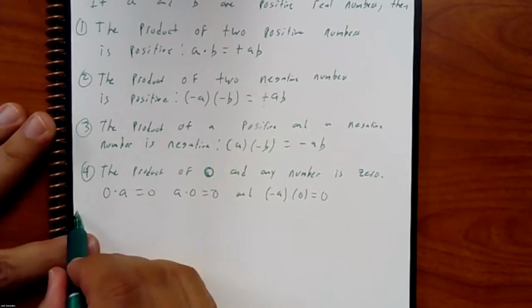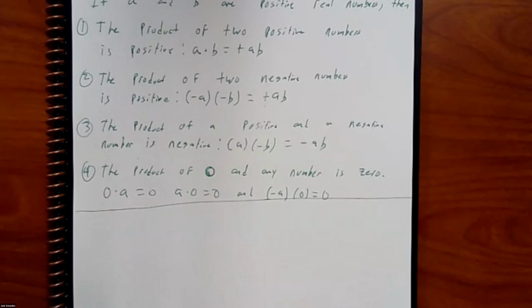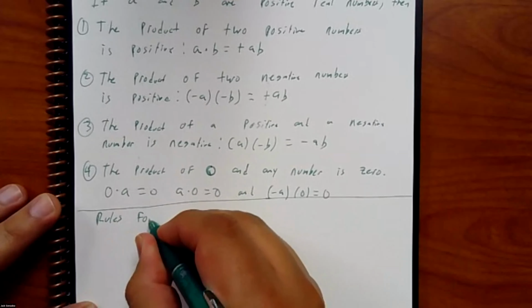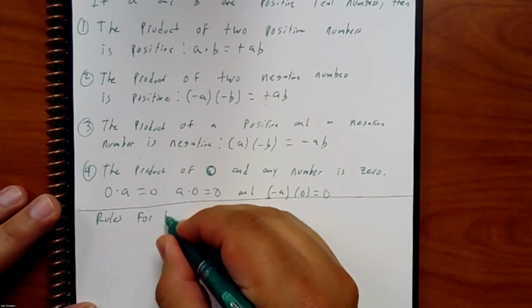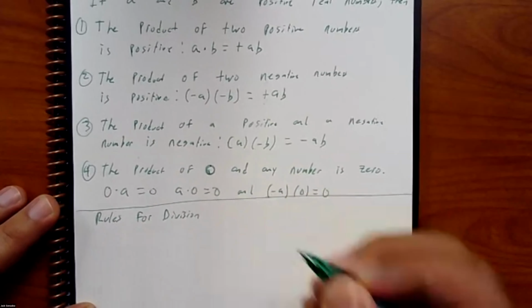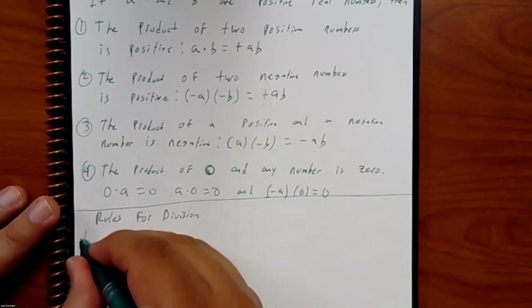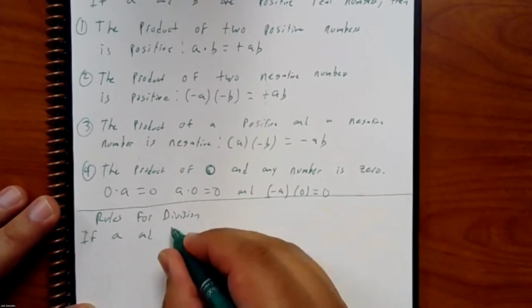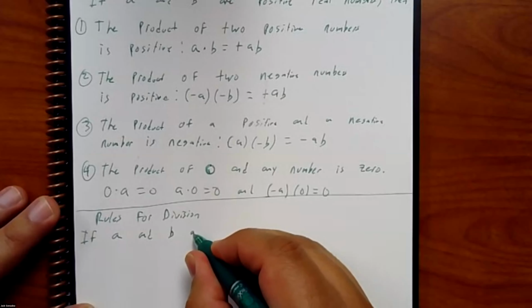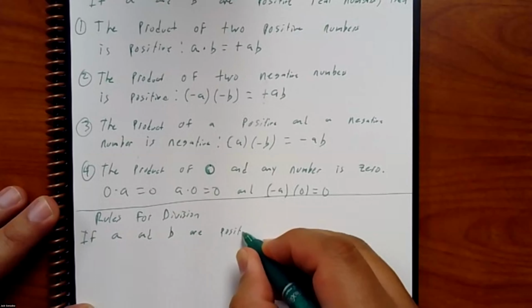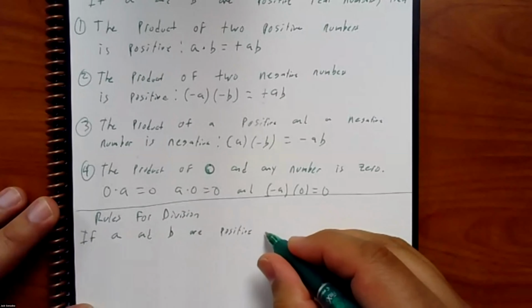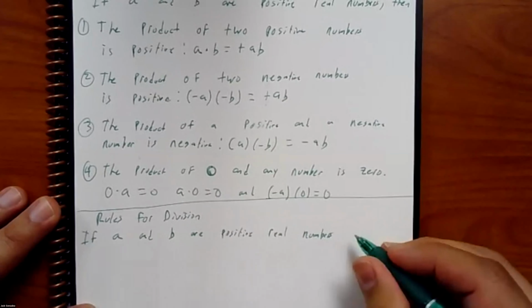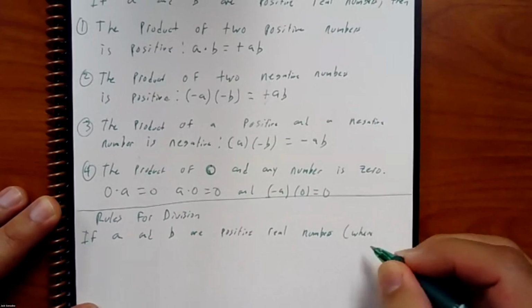Let's talk about division. Look at division. A and B are positive real numbers, where B is not equal to zero.